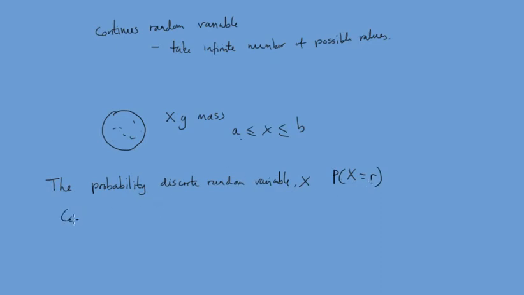But for a continuous random variable, we represent the probability as P between a range of values, a less than or equal to X less than or equal to b. So with continuous random variables, we've got this range of values, and we've looked at this before.